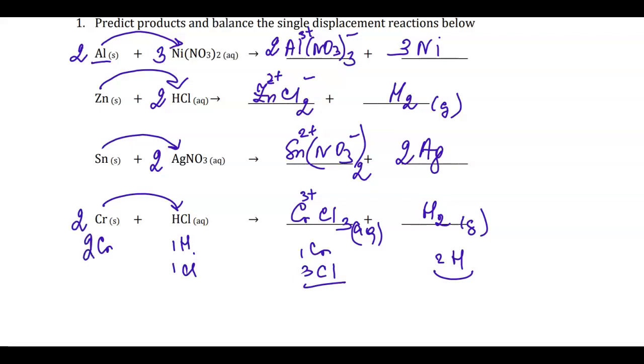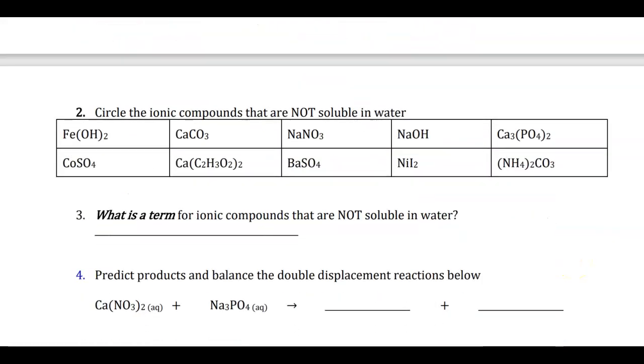So 2 chromium. Then if I have 2 chromium, I need to put 2 here. That gives me 2 chromium here and 6 chlorine atoms. And I have only 1 at the left, so that means 6 need to be added in front of HCl, right? 6 and 6. And now we need to add 3 in front of hydrogen. Recount and you will be sure that these are balanced.